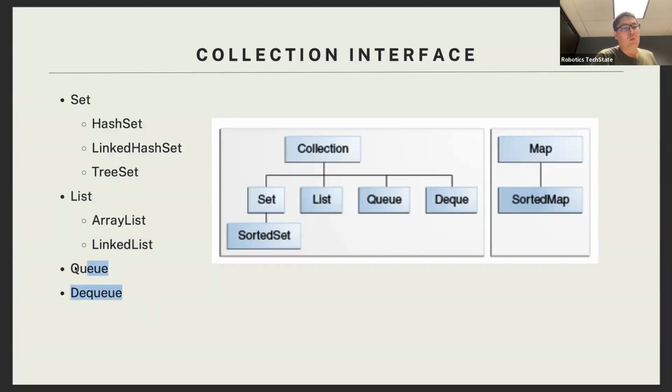Queue and deque, we don't use them. We don't need them in our job. So today, since you have already covered array list, we're going to be focusing on the set interface and its 3 implementations: hash set, linked hash set, and tree set.